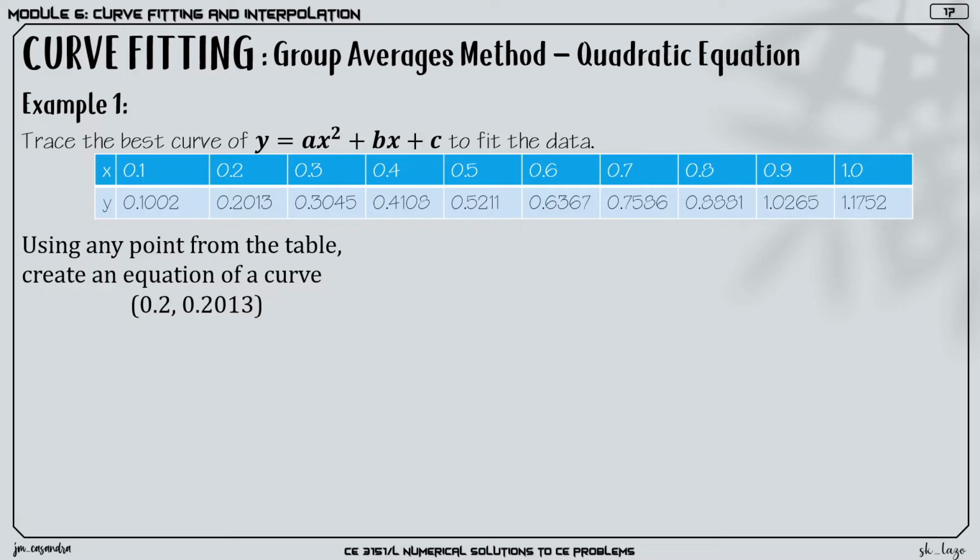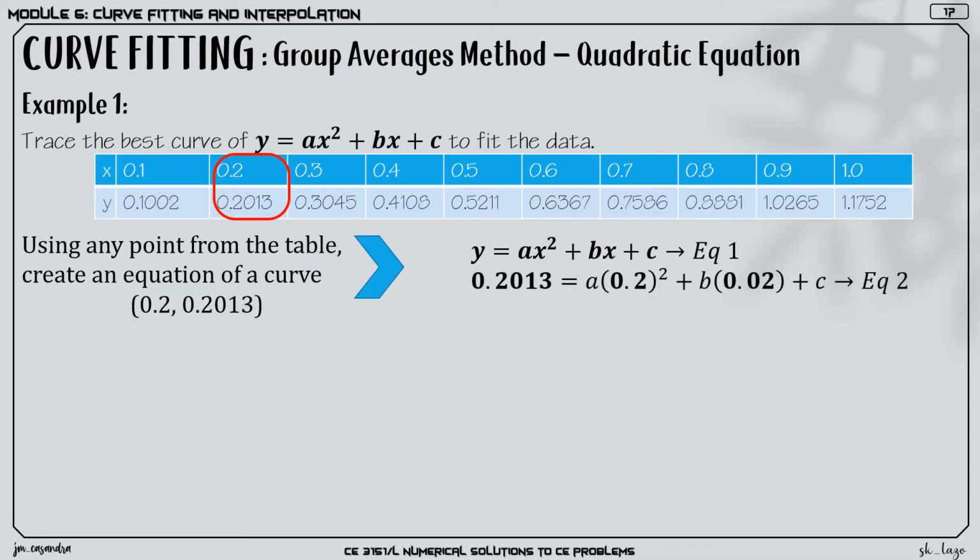In this case, we'll have y equals ax squared plus bx plus c as our equation 1. And applying the points selected, we have equation 2: 0.2013 equals a times 0.2 squared plus b times 0.2 plus c.